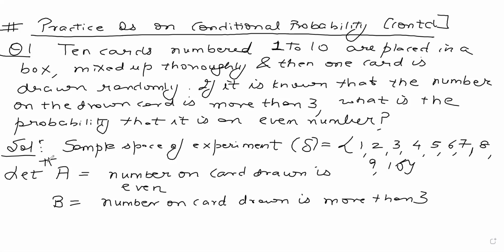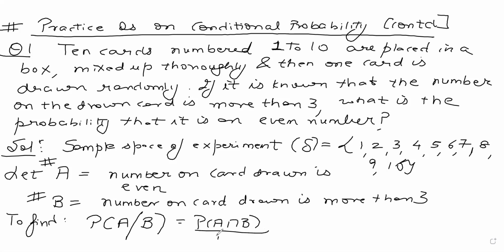So we have described these two events. Now what do we need to find out? We need to find the probability that the number on the card is even, given that the card drawn has a number greater than 3. So we need the conditional probability of the event A, given that event B has already occurred. As per the formula, it's probability of A intersection B divided by probability of B.